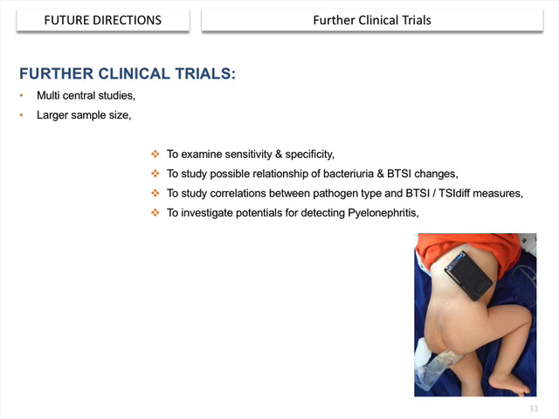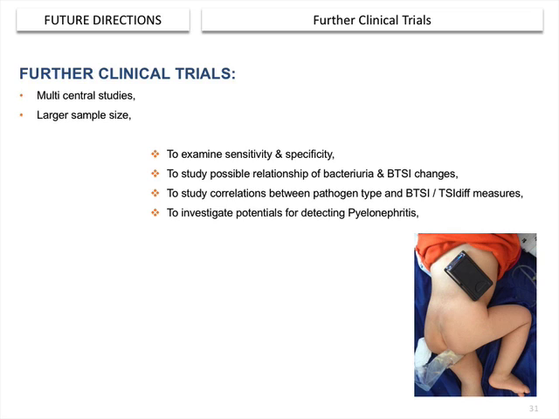Future direction perhaps is running some multicenter studies with larger sample sizes to examine the sensitivity and specificity of the method, and to study the possible correlations between bacteriuria and the BTSI measure. We didn't have a chance to do that. And to study a possible correlation between the pathogen type and the measure that we see.